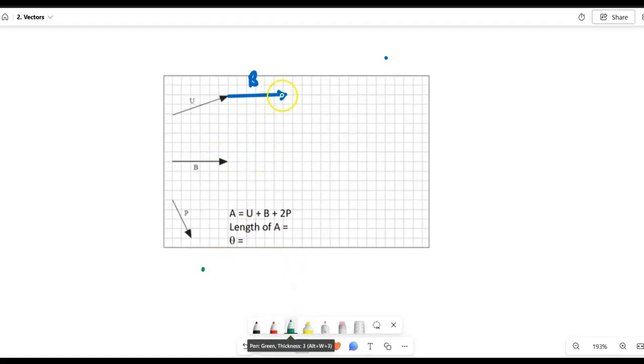So P is going to be over 2, so 1, 2, and down 3. 1, 2, 3. And then we're going to do another P to that. So this is P, and then this is another P. So this is 2 of the P vectors. Okay, so the resultant vector goes from here to here, which is going to be this huge line, and that looks terrible. Oh boy, here we go.